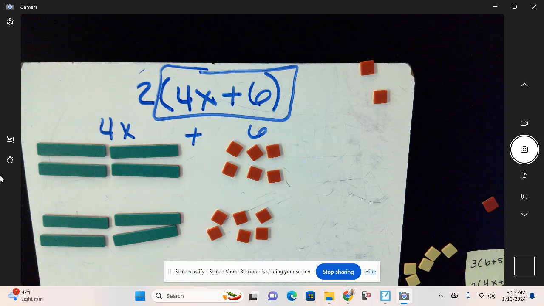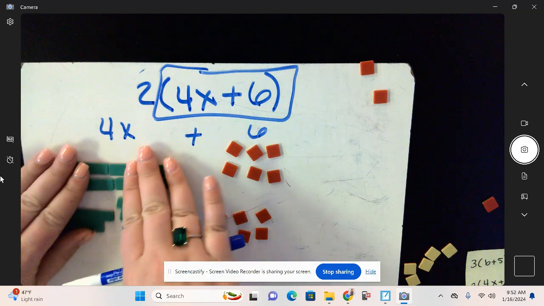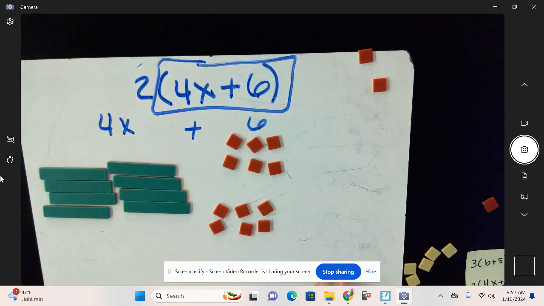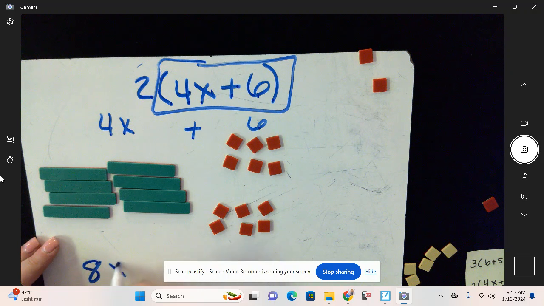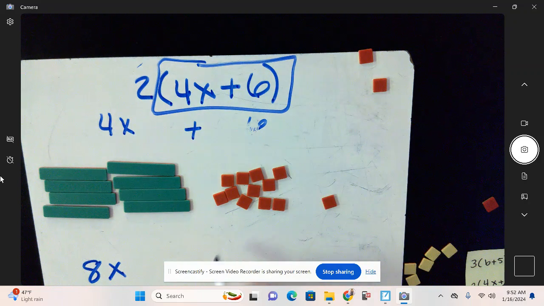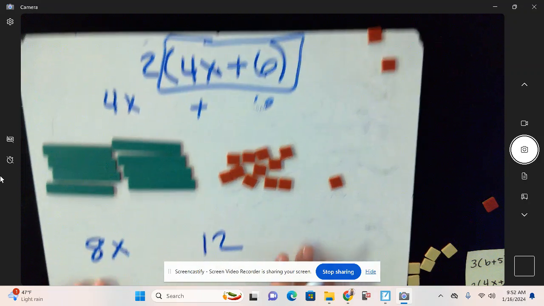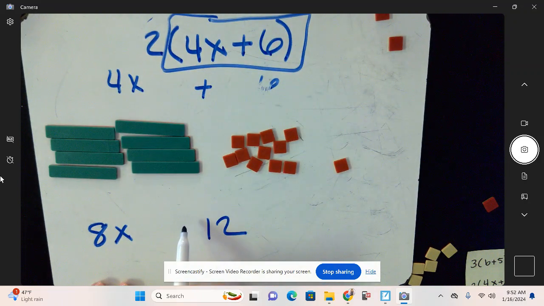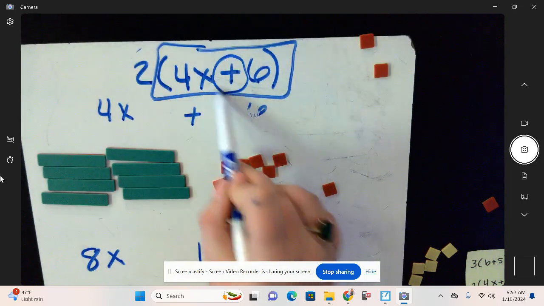All right. If I put this all together, how many x's do I have? 8. 8x. How many ones do I have? What goes in between them? Plus. Whatever's up here.